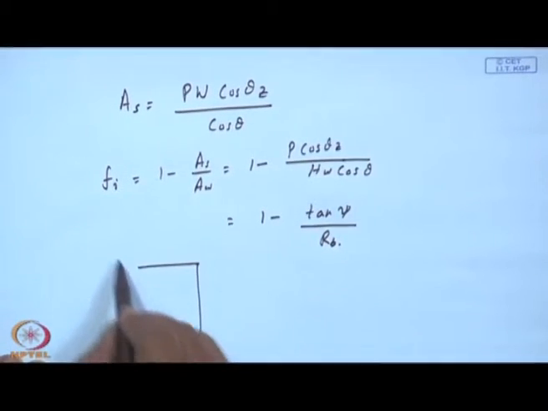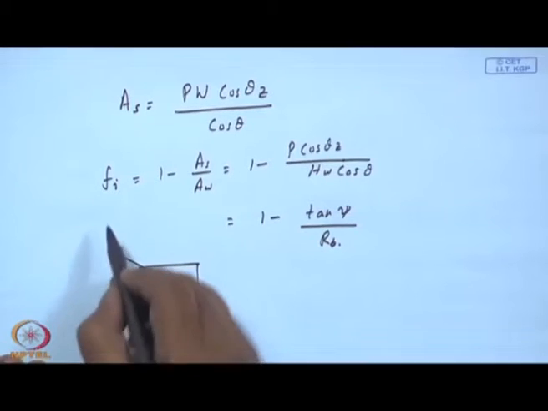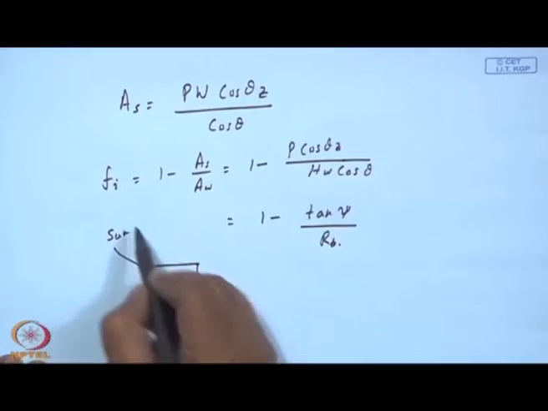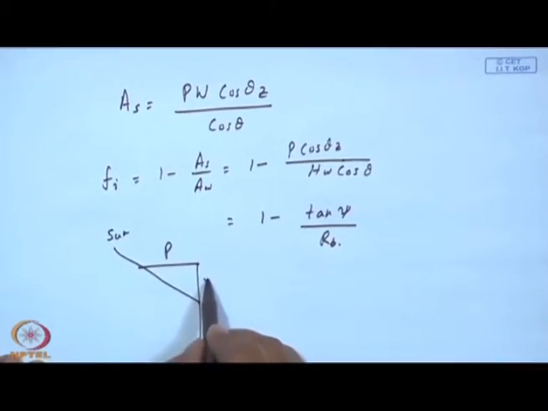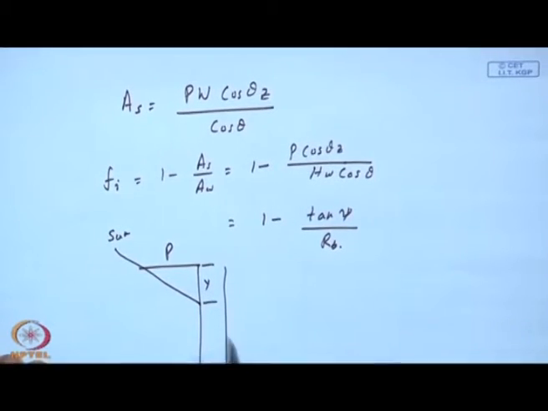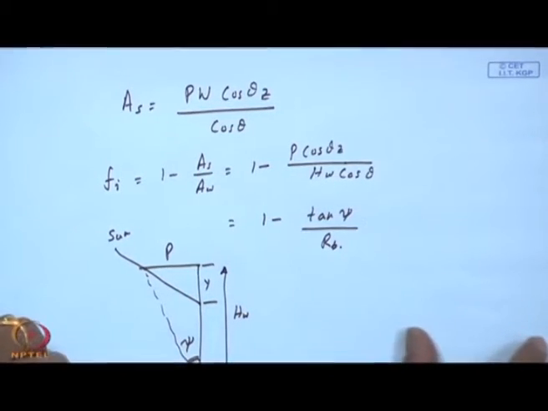This is the sun's ray, this is the projection, this is y, and this is H_w, and if I draw a line like this, it will be psi.